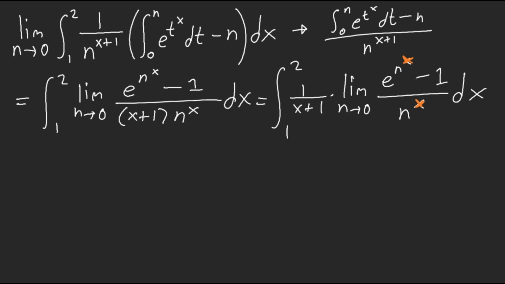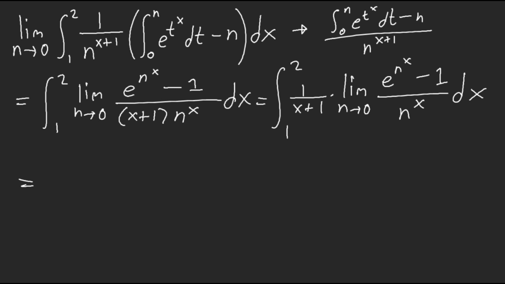I guess that still equals 0 because x is between 1 and 2. But if it was something else, we'd have to be more careful and actually use L'Hopital's rule. But I'm confident that this does satisfy the baby limit.